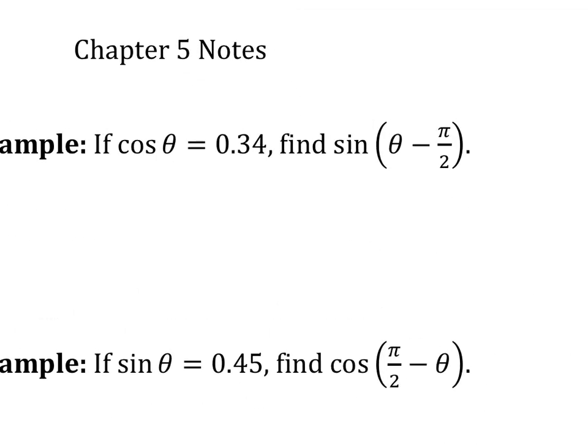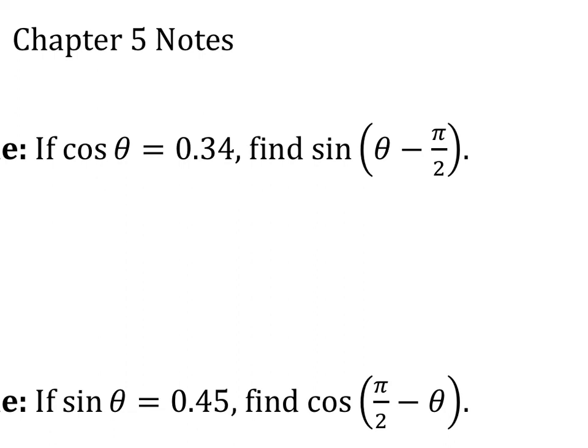All right, let's try this. If cosine theta is 0.34, find sine of theta minus pi over 2. How does that relate to cosine? Look at your notes for the cofunction. What does it say?